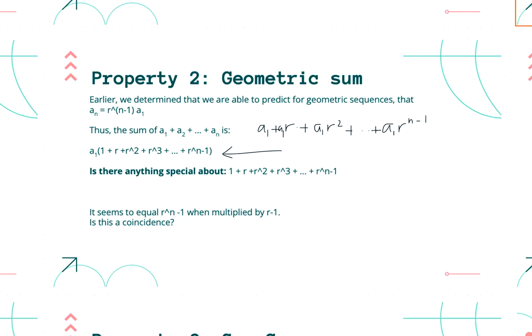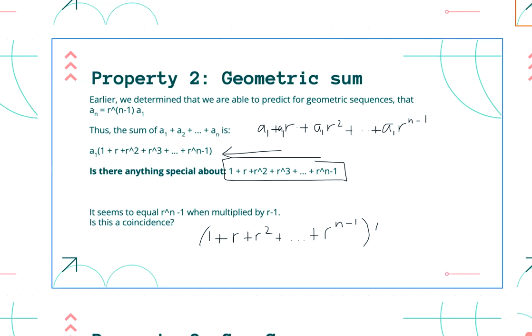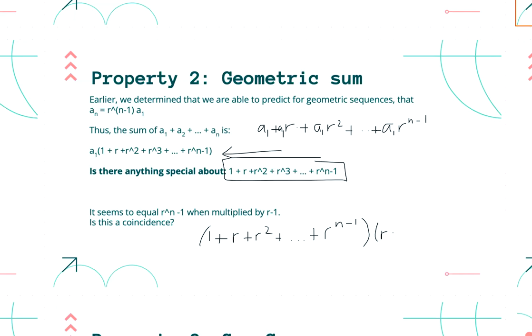And then after that, let's think about this. I feel like if you've seen this factorization before, then you might kind of get it. If not, I'll just tell you this really cool factorization, which is that 1 plus r plus r squared all the way up to r to the power of n minus 1, all of that times r minus 1, actually equals r to the power of n minus 1.